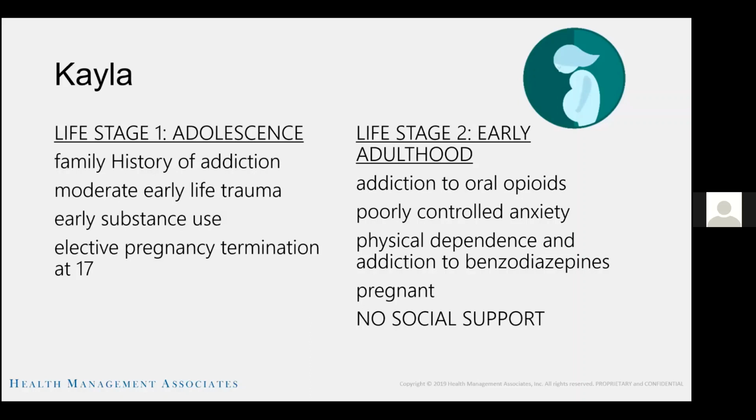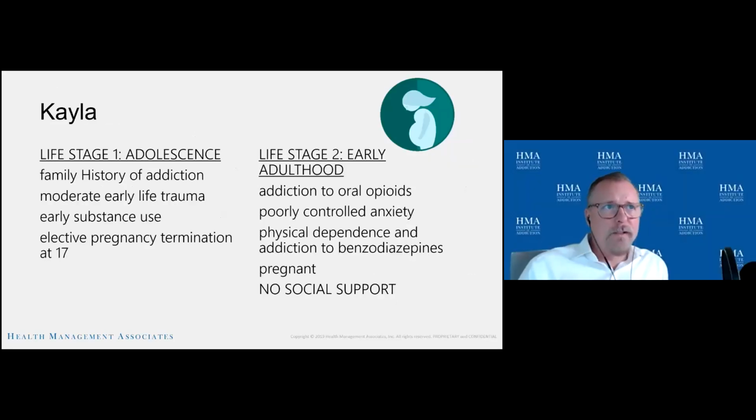She had moderate early life trauma, parents divorced, single parent household, some domestic violence, early sexual assault, early substance use, including marijuana and alcohol in high school, and then immediately after high school, heroin, and then elective pregnancy termination at 17. So this was kind of her adolescence.